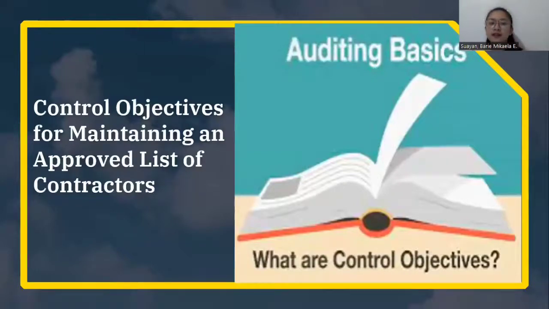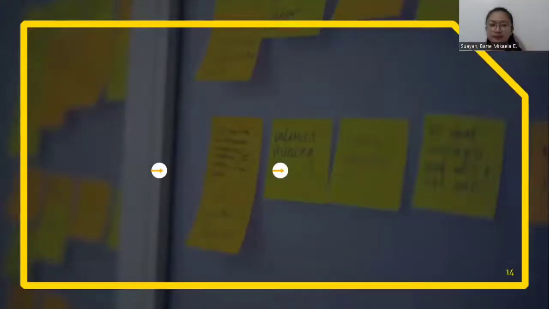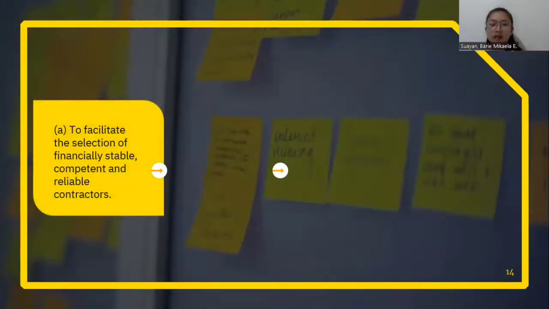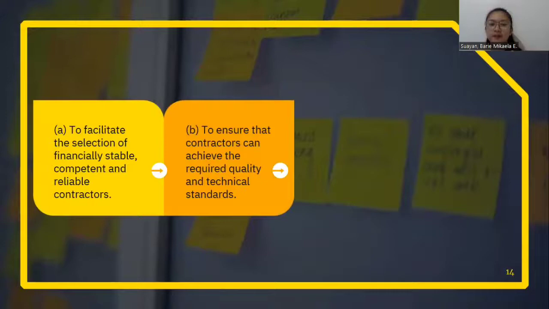The control objectives for maintaining an approved list of contractors. A. To facilitate the selection of financially stable, competent, and reliable contractors. Ito ay yung pagkakaroon ng smooth o madaling pagpili sa mga financial stable, may kakayahan at mapagkakatiwalaan na contractors.